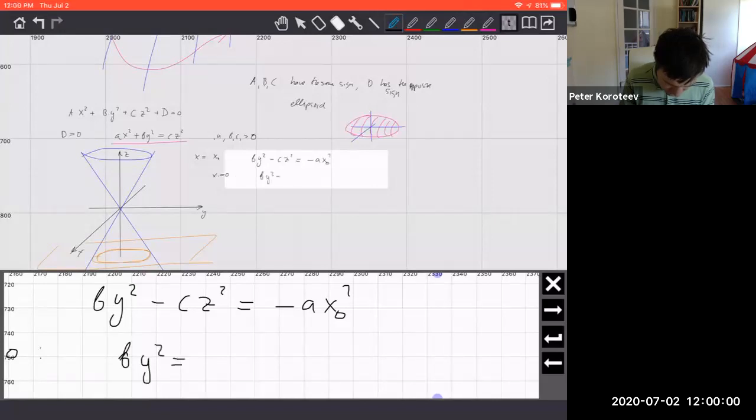by squared is equal to cz squared. What does this equation represent? The last one.